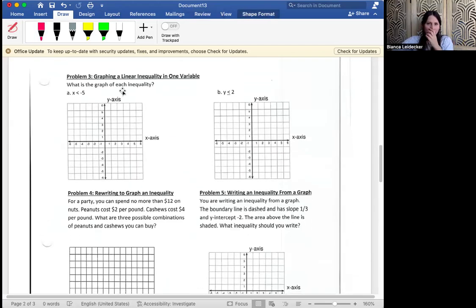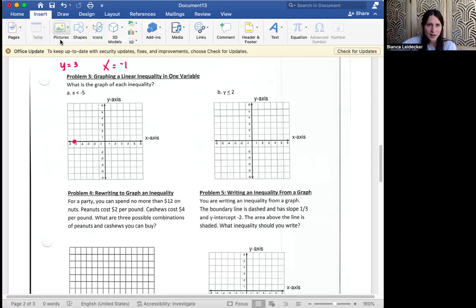All right, let's keep looking. What if we don't have a y equals mx plus b type of equation? Now, remember, we've talked about when you have y equals a number or x equals a number, right? That means you either have a horizontal line or a vertical line. Well, same thing with an inequality. If this says x is less than -5, the big thing you really need to take note of is there is a point at -5 on the x-axis.